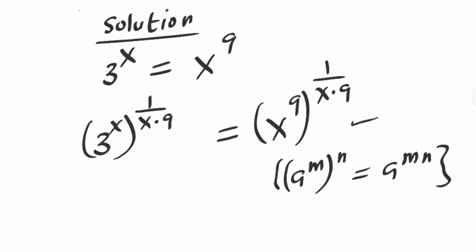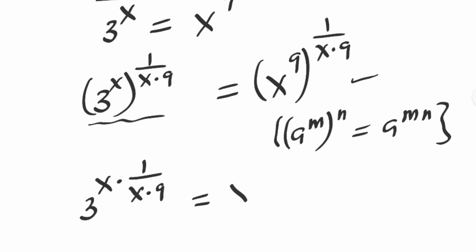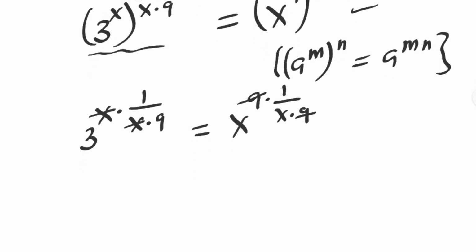Then the whole of this can be written as 3 raised to the power of x multiplied by 1 over x multiplied by 9 is equal to x raised to the power of 9 multiplied by 1 over x multiplied by 9. This x cancels this x, then this 9 cancels this 9.